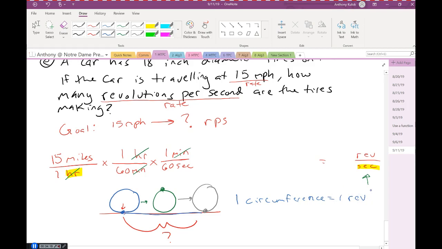So I know that 1 circumference equals 1 revolution. What is the circumference of the wheel in our case? 18 pi. Remember, circumference is 2 pi r.